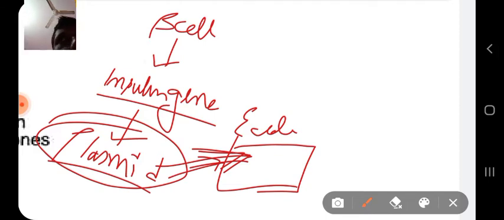Okay, now why are these recombinant DNA molecules produced? It is produced for many reasons.